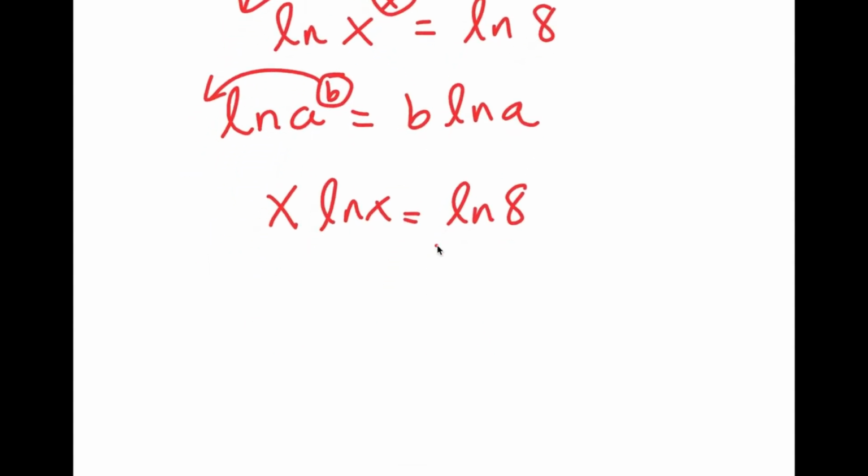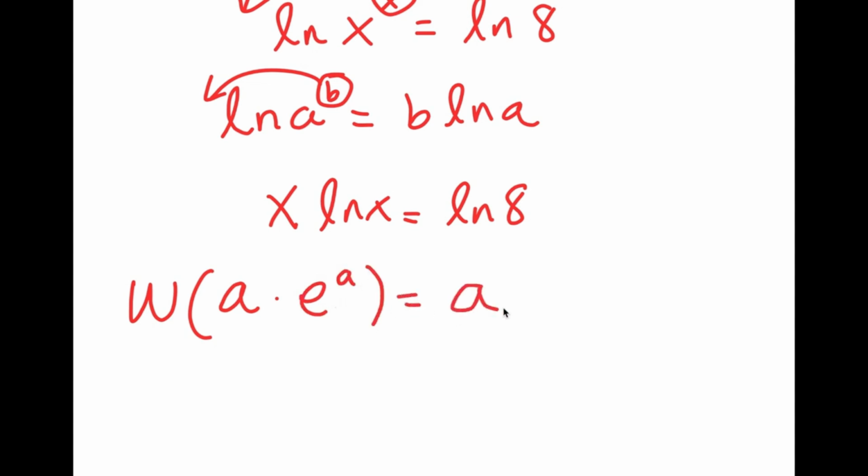Now from here, I'm going to use another formula that states that if I have something in the form a times e to the power of a, the W of this is equal to a. And this is something known as the Lambert W formula. So if I take the W of something in the form a times e to the power of a, it's going to equal a.